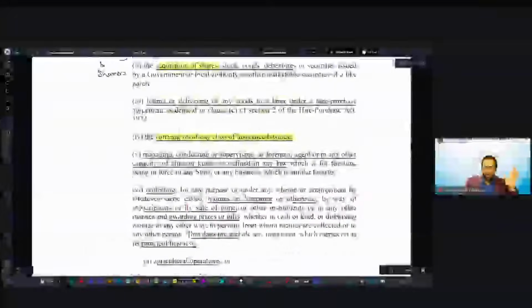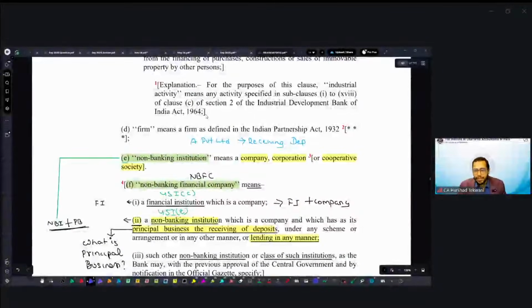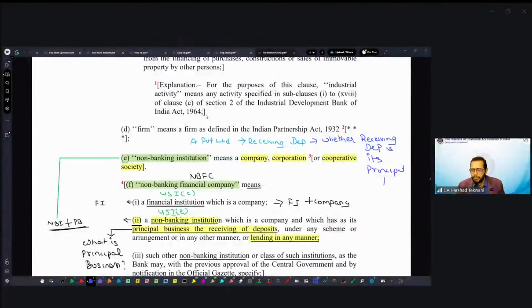So for this particular purpose, I need to understand one more question, whether receiving deposit is its principal business. If yes, then only I will classify this as an NBFC.